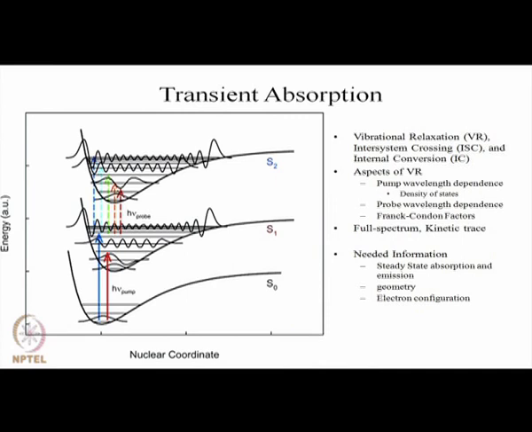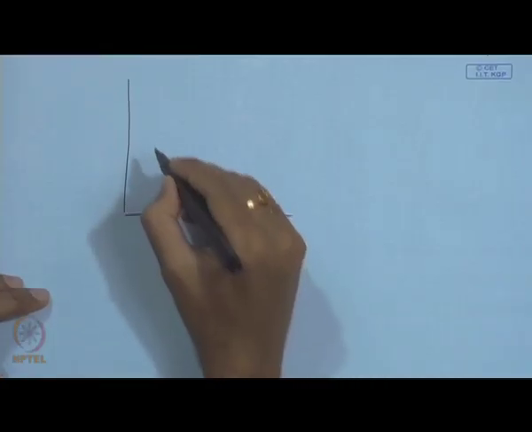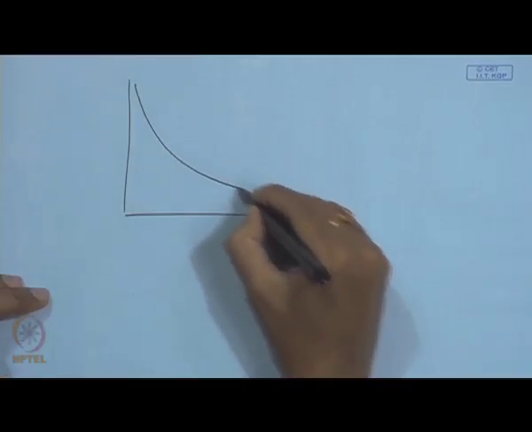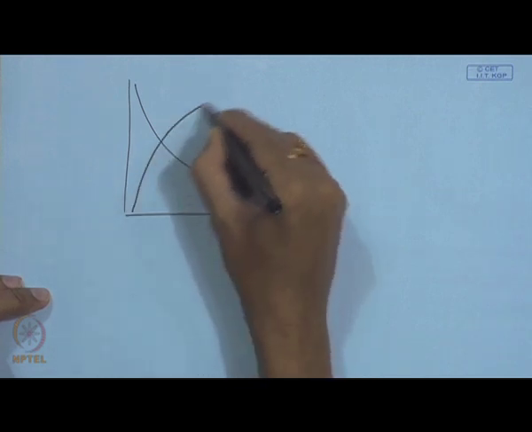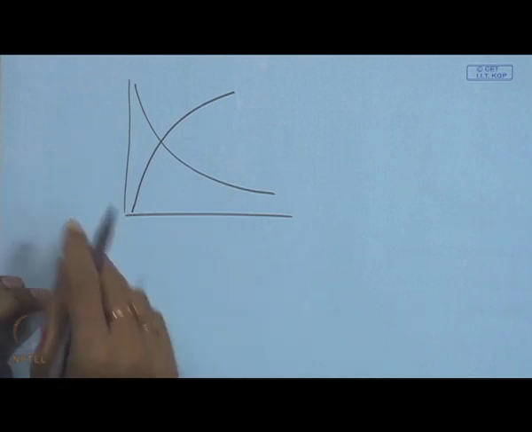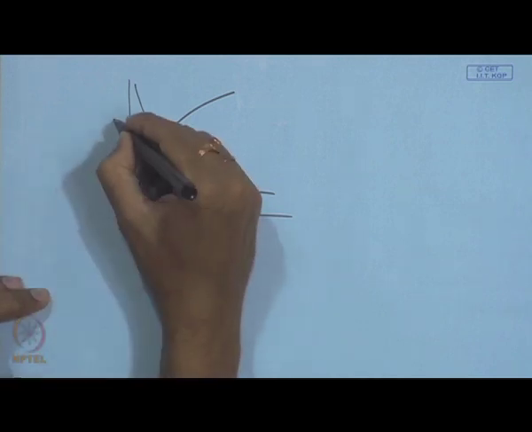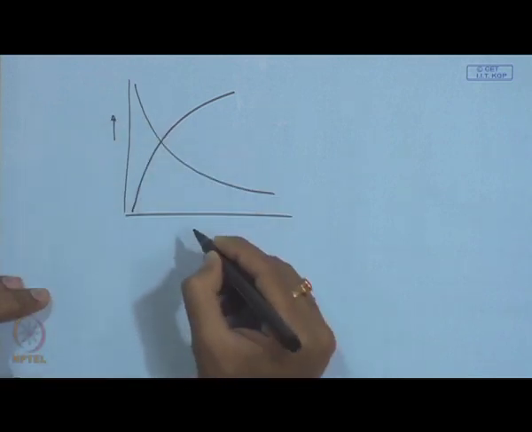Kinetic traces will give you the idea whether a new species is generated, or a species is generated from one to another. Maybe at one wavelength you will be getting a decay, at another wavelength you will be getting a rise, okay, like this. So with time, at one wavelength you get decay, at another wavelength you get rise. From this you can find out the mechanism.